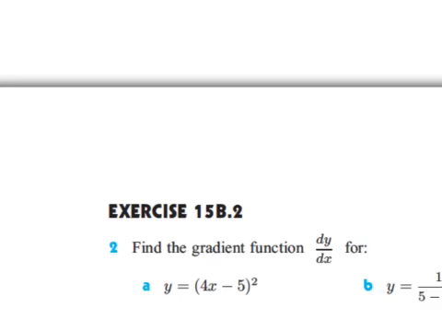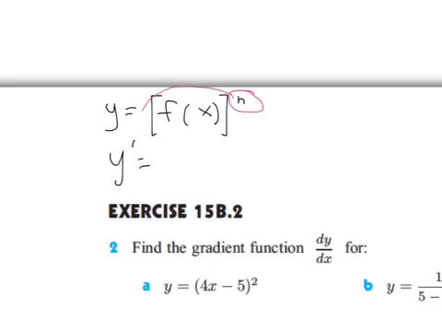First, we're going to differentiate like we normally do. So if you're given y is equal to some kind of function raised to the nth power, then the derivative of that function would be: bring down that exponent in front of the function.